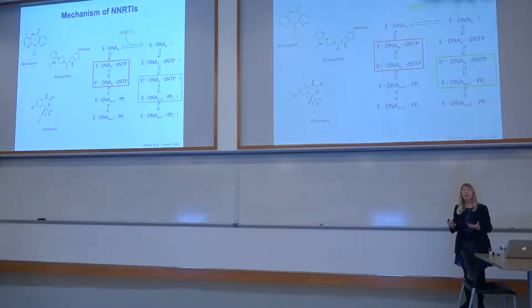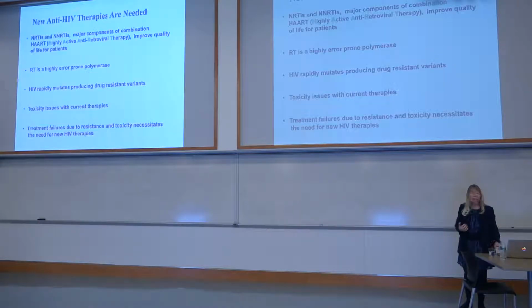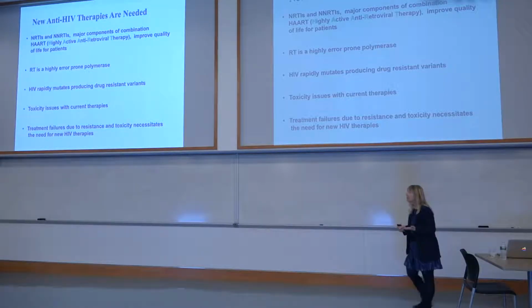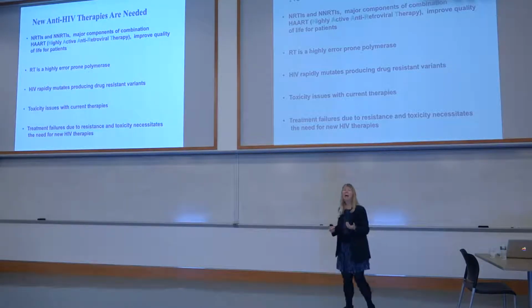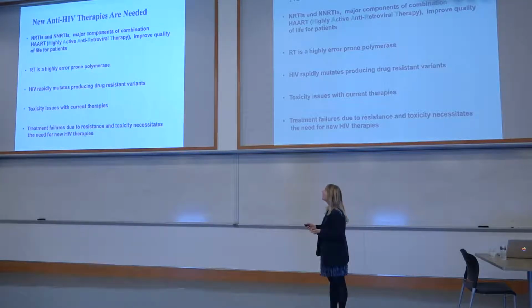But as I mentioned, now we know more about the enzymes, so we wanted to think more about therapies. And so we really need to try to stay ahead of developing new therapies, and I've listed some of the challenges here.